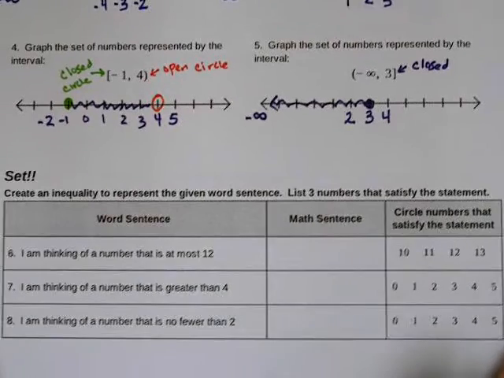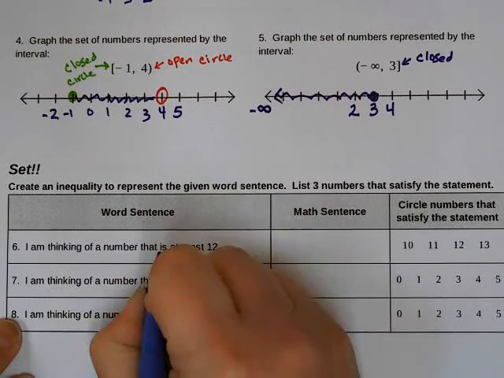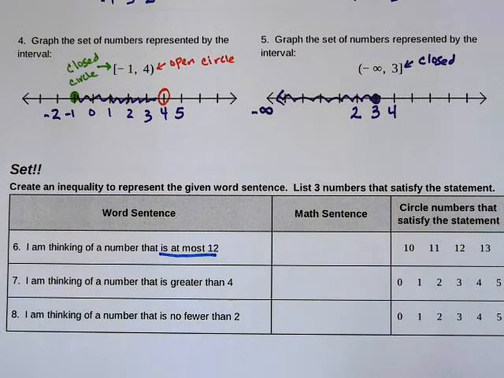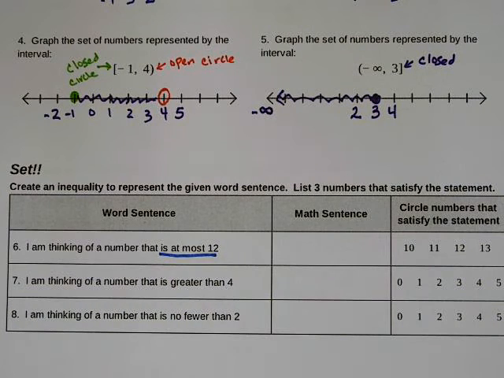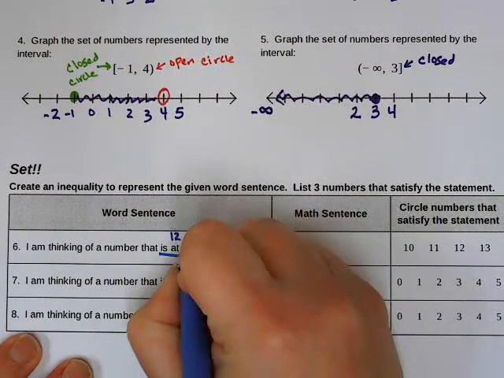All right, so now let's look at some words. So I'm thinking of a number that is at most 12. So the key words there that we're going to think about is it's got to be at most 12. So if we kind of reason through that, if I want something that is at most 12, it means it could be 12 or it could be smaller than 12. So 12 or smaller.